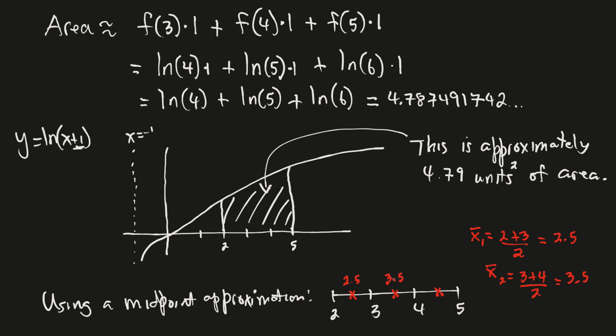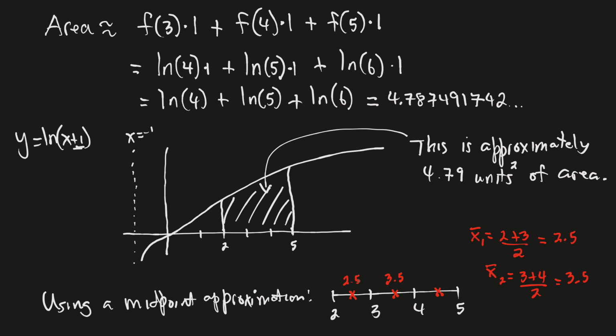Now if you notice, because of how this formula works, not only are these endpoints equally spaced, but the midpoints would then have to be equally spaced. If you think about it logically, it makes sense, right? If the subintervals are equally spaced and you're finding the midpoint of each of them, then the midpoints would have to be equally spaced.